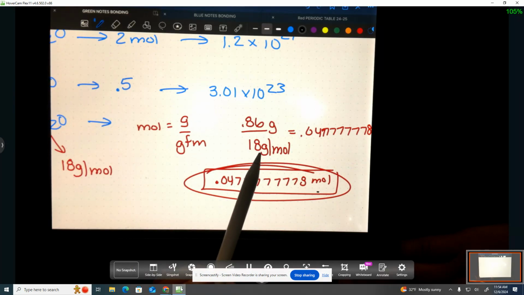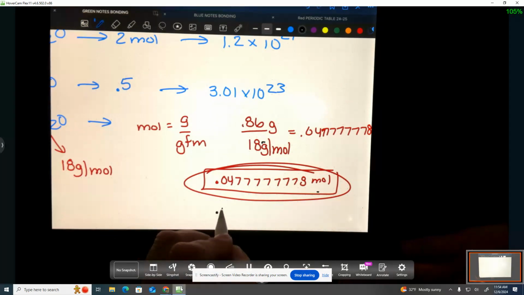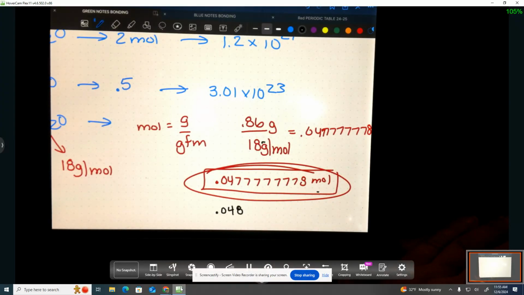It has nothing to do with a measured instrument. So you don't take into account its significant figures. So it has 2 significant figures. So what should the answer here be? 0.0 what? 0.048. 2 significant figures. This 0 doesn't count. You forgot about that little rule, right? So this should be 0.048 moles.